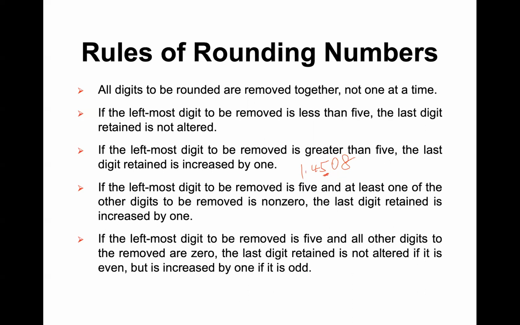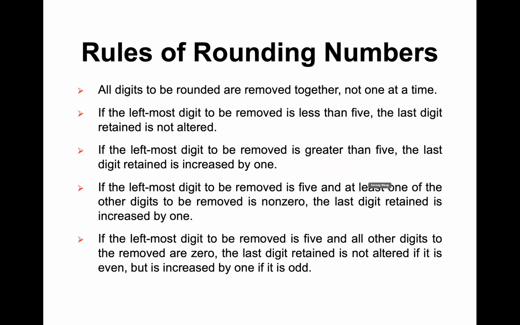Then at least one of the other digits is not a 0, in this case 8. That means this is more than half. So in this case, the last digit retained, that's 4, will be increased by 1. So we can write 1.5.